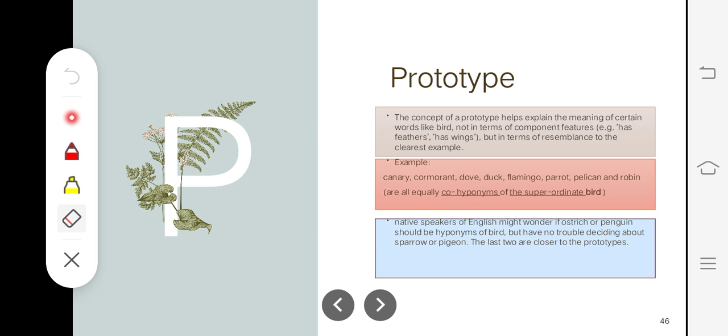Native speakers of English might wonder if ostrich or penguin should be hyponyms of bird, but have no trouble deciding about sparrow or pigeon. The last two are much closer to the prototype.